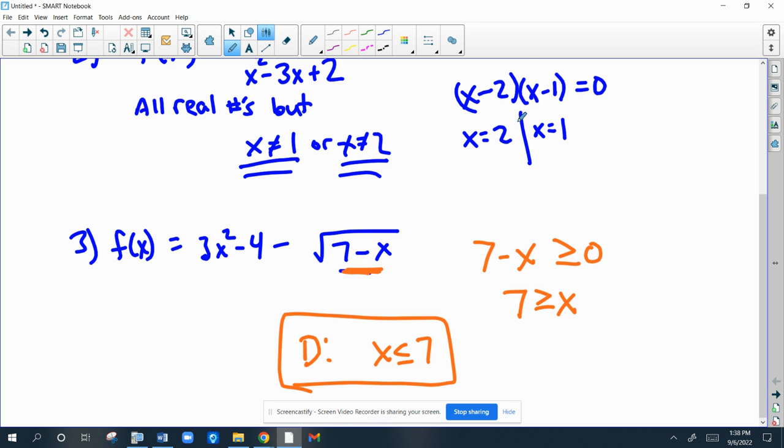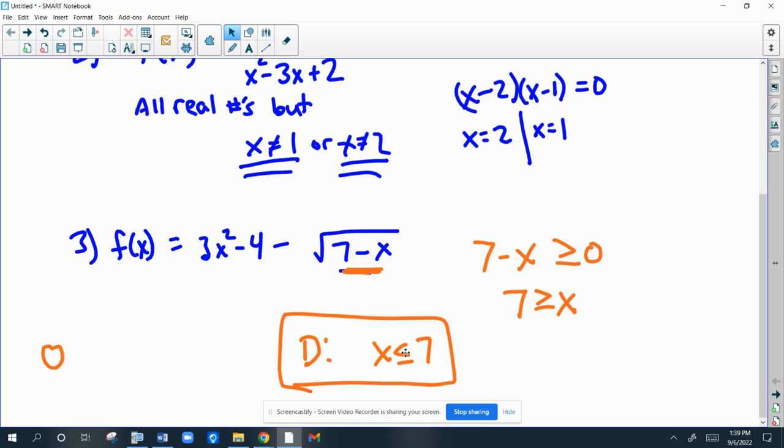Easy to check. Pick a number that's less than or equal to 7 and make sure it works. Say 0. If I plug in 0 here, that's fine. The square root of 7 is the square root of 7. So that should be part of the domain. Now pick a number that's outside of the domain and make sure something goes wrong.